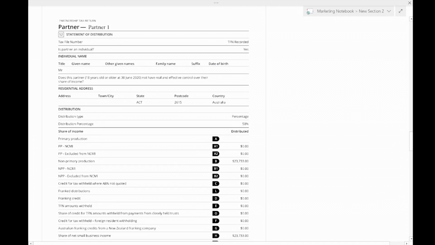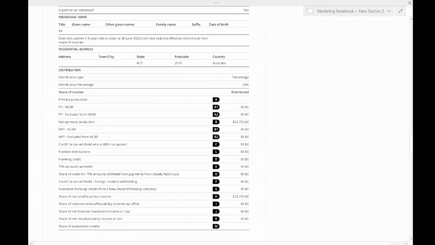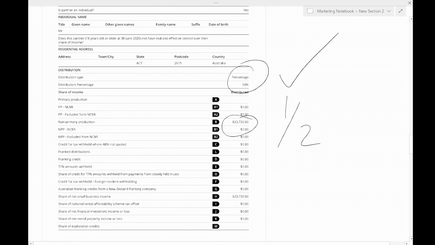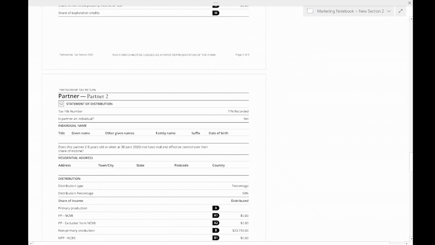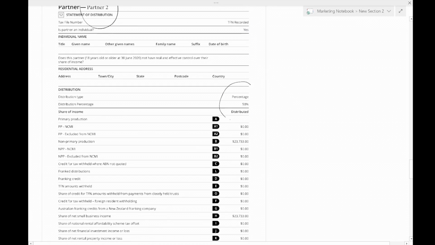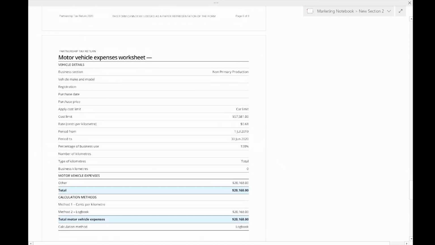So as we can see here, partner one has a 50% percentage, owns half. Therefore, their taxable income, which is going to be distributed to them on their individual tax return, will be $23,733. Now we see the same again with partner two, the same amount.